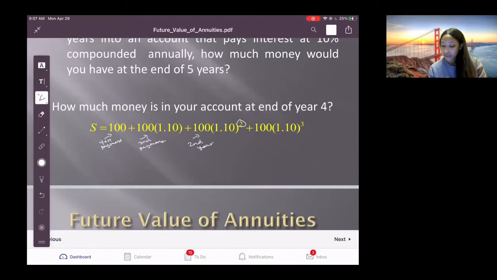And then the first money that we put in at the end of the 1st year, it's in the account for the 2nd year, the 3rd year, and the 4th year. So that's 3 years of interest being earned.